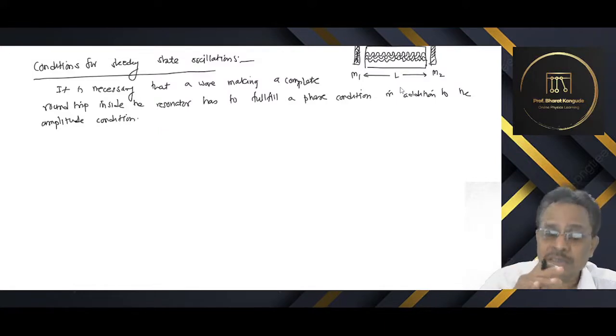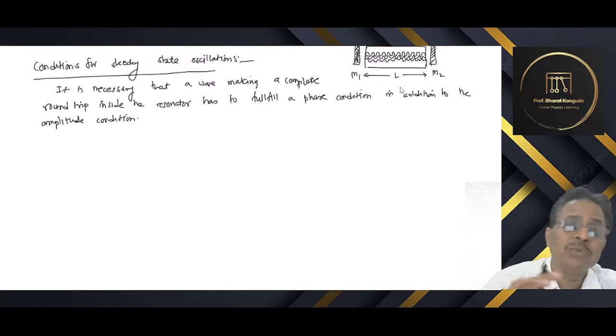In steady state, this pattern, what we call the standing wave pattern, will not be generated, and in that sense certain conditions are required. We are writing these conditions as follows.